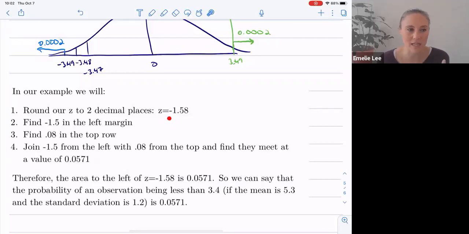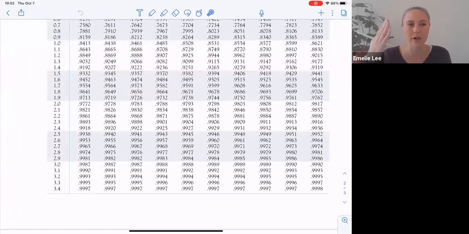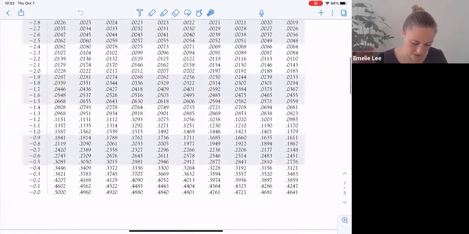So I'm going to go to the Z table, making sure that I'm on the negative side, because otherwise that'll really mess things up. But you'll develop a pretty good internal check-in point, because you know that the area to the left of a negative Z score has to be less than 0.5, because it's not until you cross that mean that you're up above 0.5. And same thing, if you have a positive Z, then you know that the area to the left has to be more than 0.5. So we have these internal check-in points already. We just need to get used to using them.